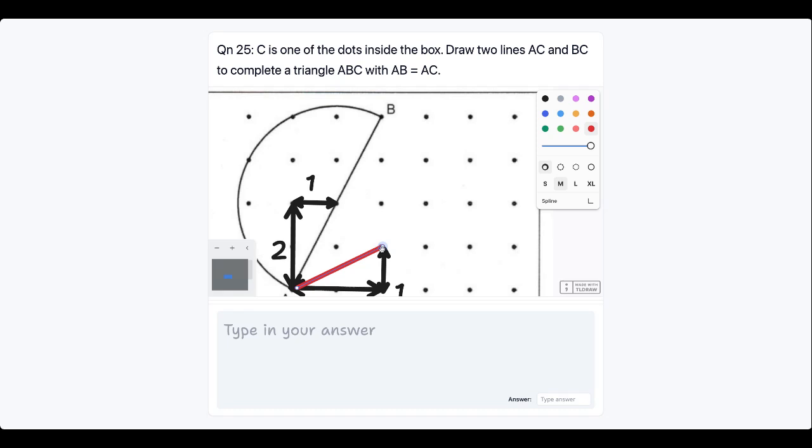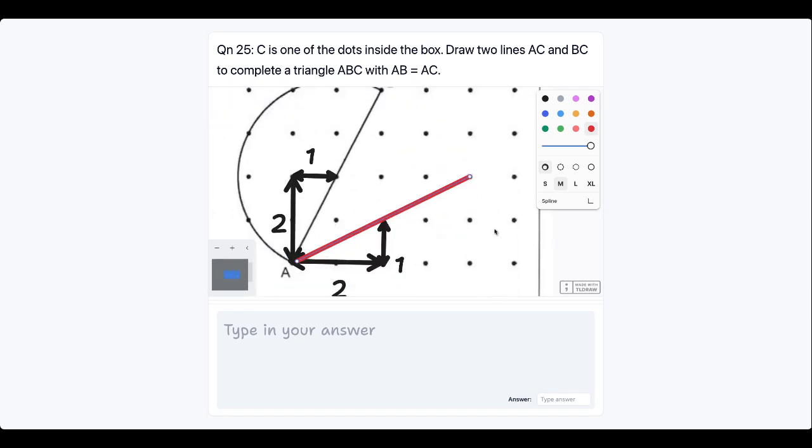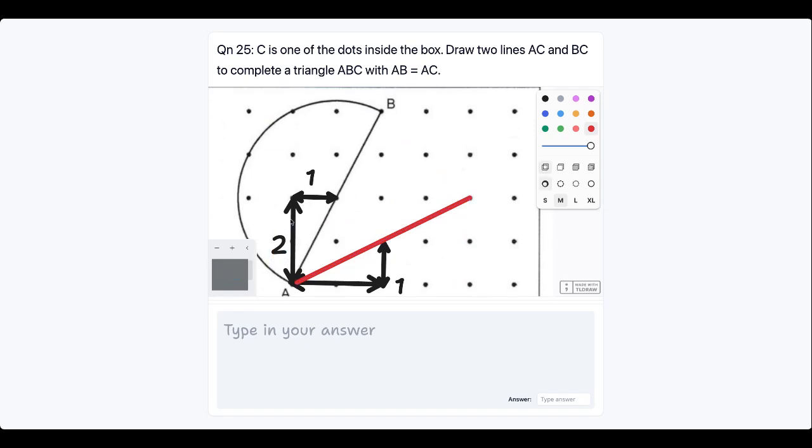Or actually even better, you can just draw all the way to the dot and measure it. So this shouldn't be 2. It should be, how many, 1 2 3 4. So this is 4 gaps, and this is 2 gaps instead.